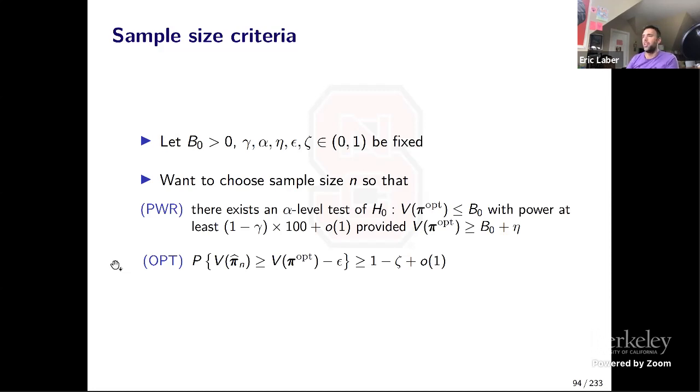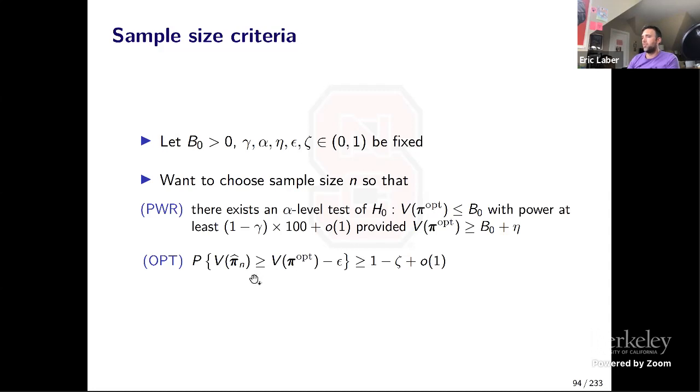The way that we do it is through confidence intervals for the difference between V opt and beta 0. The idea is that if the confidence interval width is less than eta for the difference, and the confidence interval for V pi opt doesn't contain beta 0, then you can reject the hypothesis, and you can also show that it has the right power.